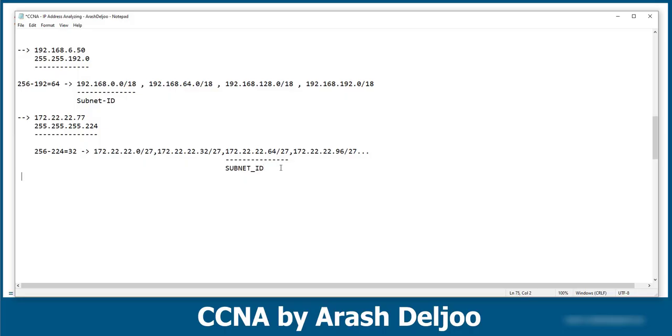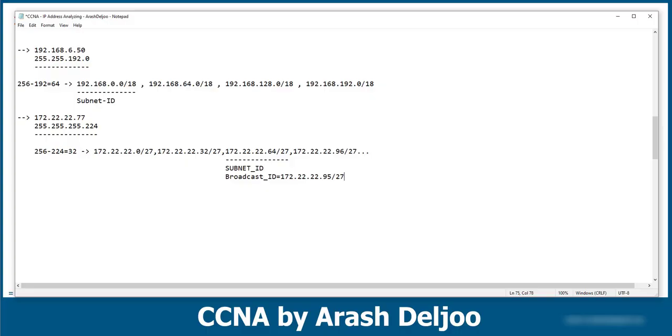For example, in this example, the broadcast ID equals 172.22.22.95/27.